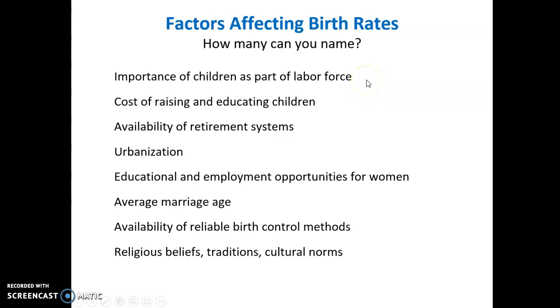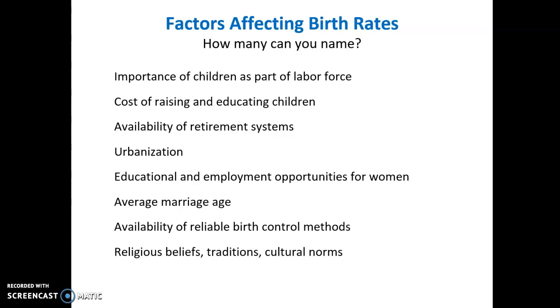So one of the key reasons why birth rates are higher, why people have more children in developing countries, is because the children are often part of the labor force, particularly in farming communities. A second factor is the cost of raising and educating children.